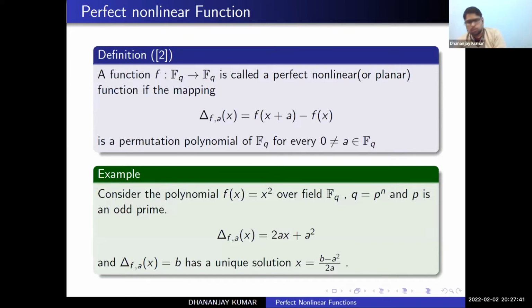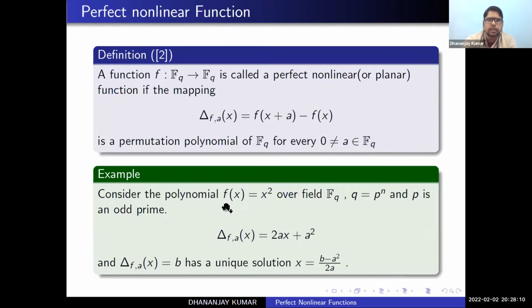And next, coming to the definition of a perfect nonlinear function. A function f from finite field Fq to Fq is called a perfect nonlinear function, or sometimes it is also called a planar function, if this mapping delta f(x), defined as f(x plus a) minus f(x), is a permutation polynomial of Fq for every non-zero a in Fq.